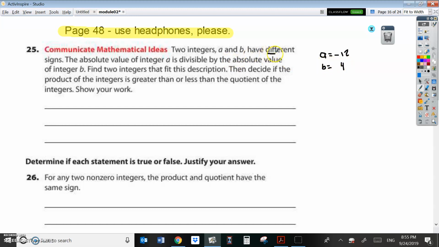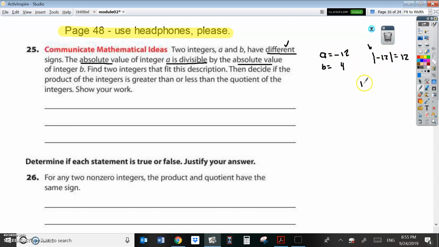Do they have different signs? Yes, they have different signs. Is the absolute value of integer a divisible by the absolute value of integer b? So -12, these mean absolute value, so that equals 12.